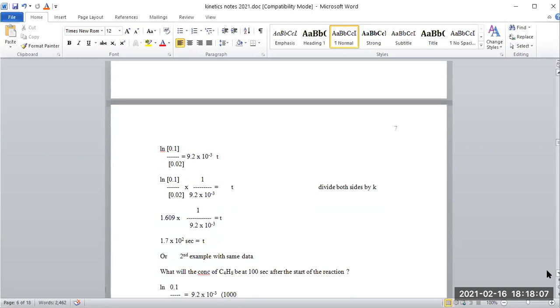Finish dividing by K, and I end up with a T value of 1.7 times 10 to the 2, or 170 seconds. Fairly fast reaction. 170 seconds is not quite 3 minutes for that particular amount of decomposition to take place.